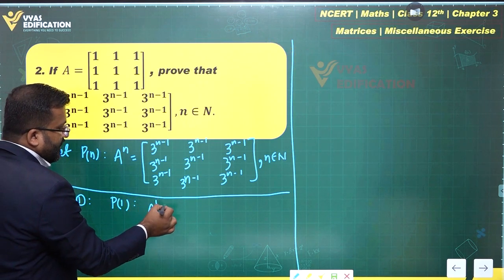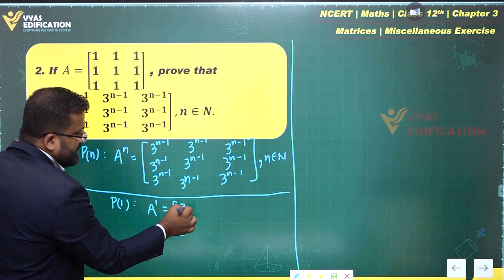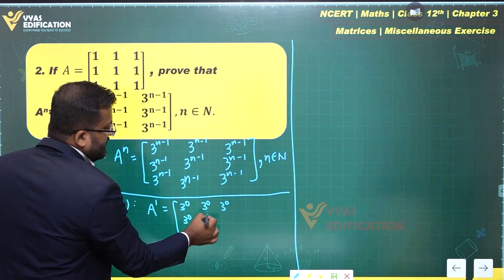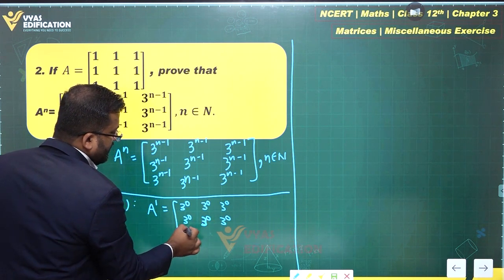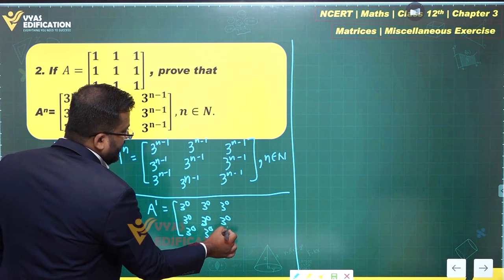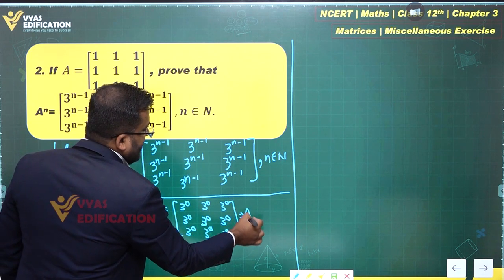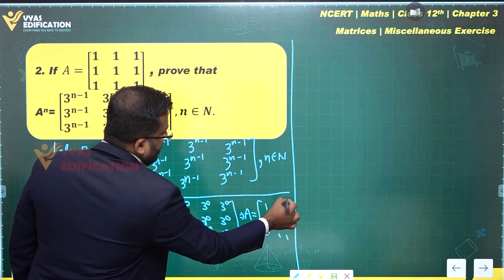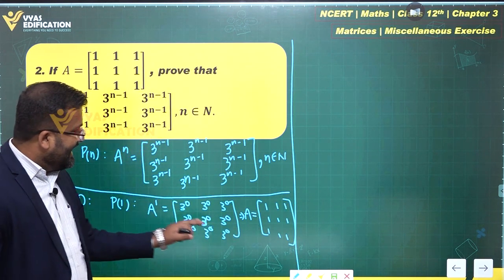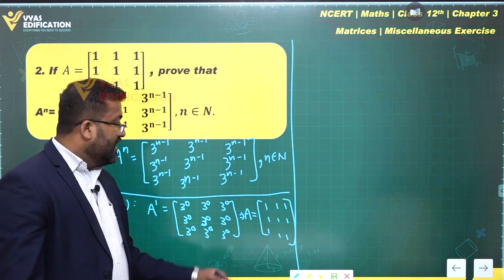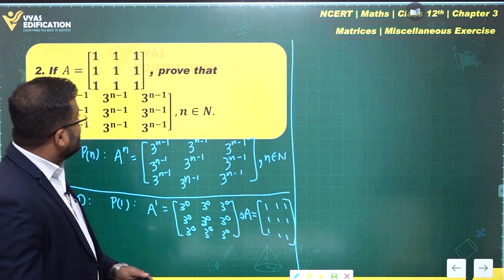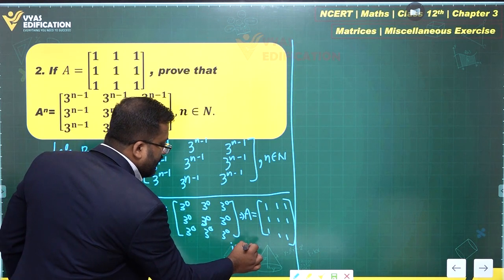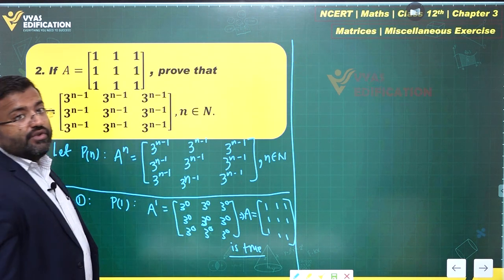P1 says A power 1 is equal to the matrix with every entry 3 power 0, which implies A is equal to the matrix of all 1s. A power 1 is A and 3 power 0 is 1, so A equals this, and this statement is true. Step 1 says P1 is true.